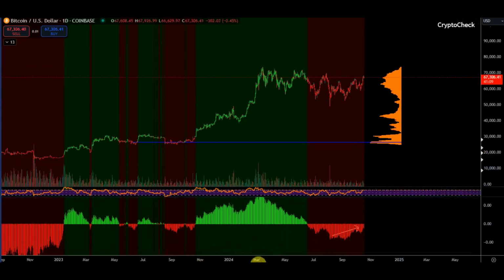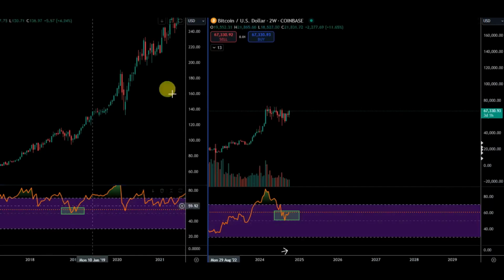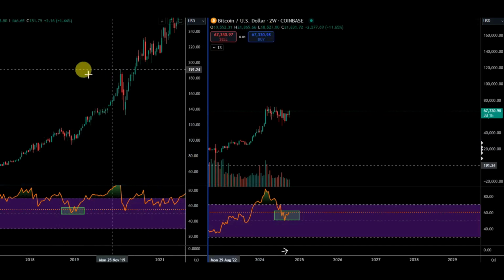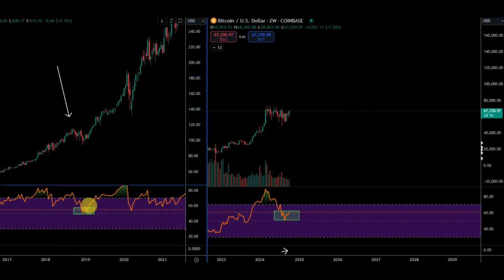It's suggesting Bitcoin is already bullish and dips are for buys until proven otherwise, until these indicators start flipping red again on these lower time frames, and they have not done that yet. I just shared this chart in the group here. Microsoft on the left hand side on a 2-week chart, you can see back here in 2019 we got the pullback.